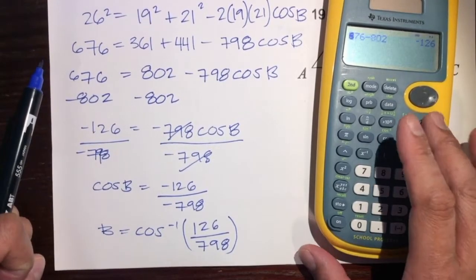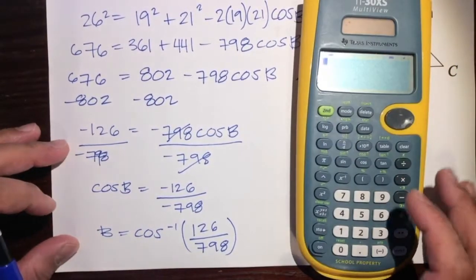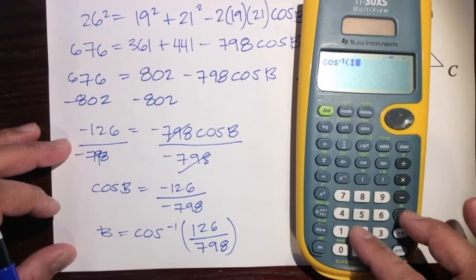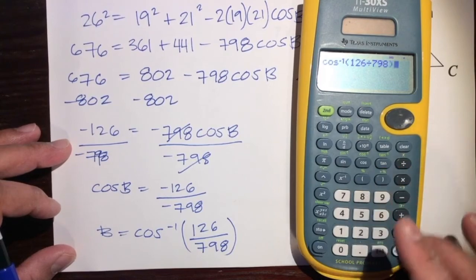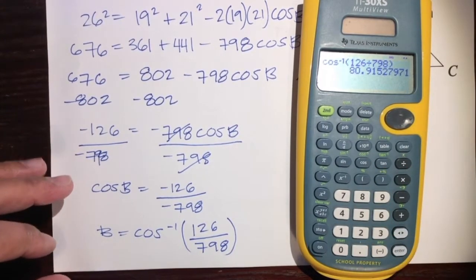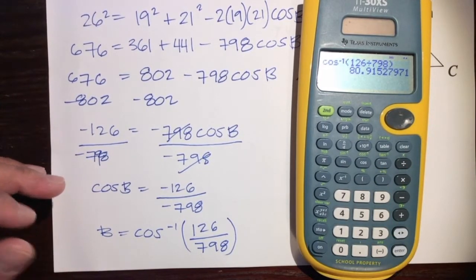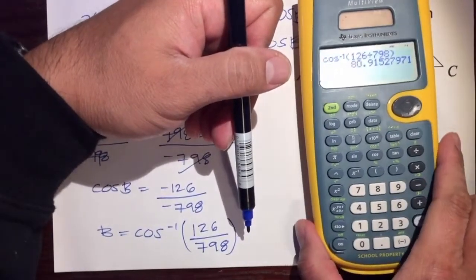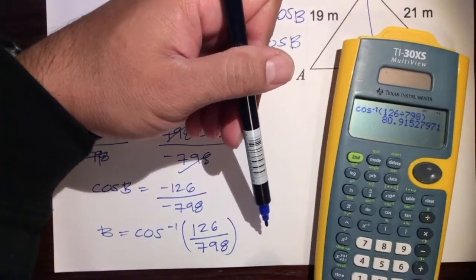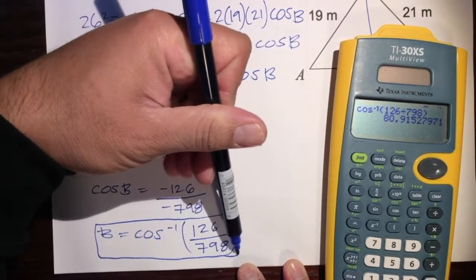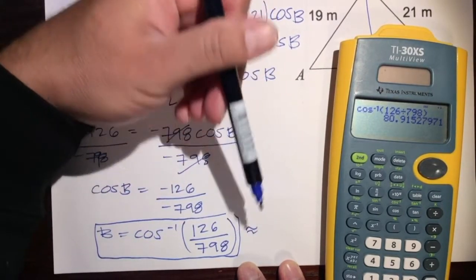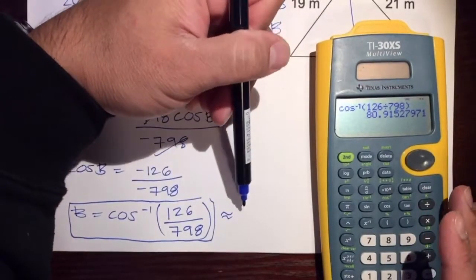All right, so second cosine of 126 divided by 798. And we have 80.9153. So here's our answer, and here's the non-weird answer.